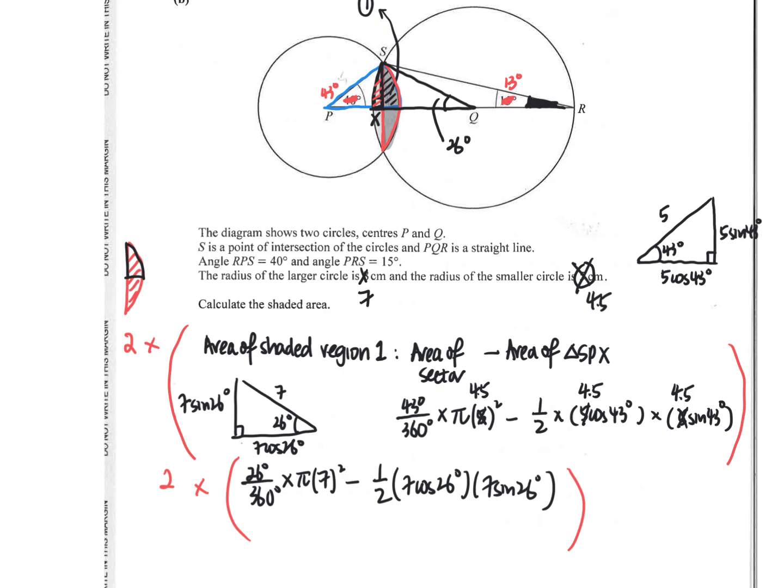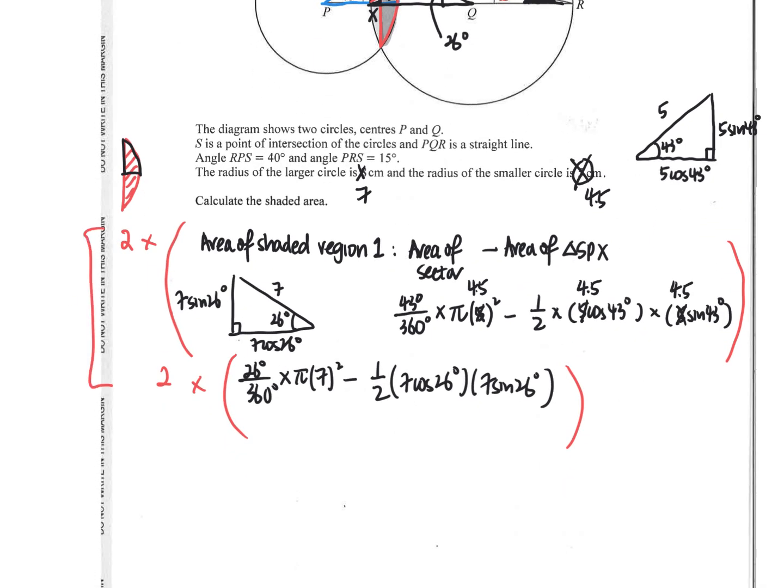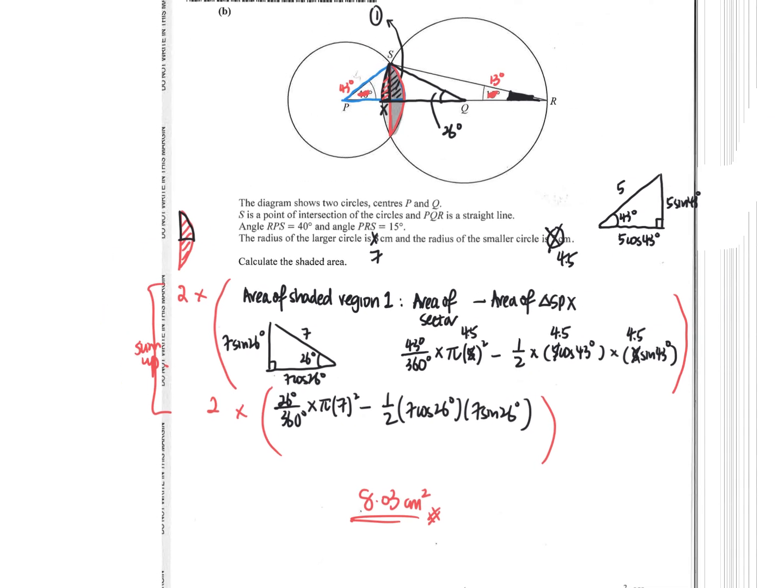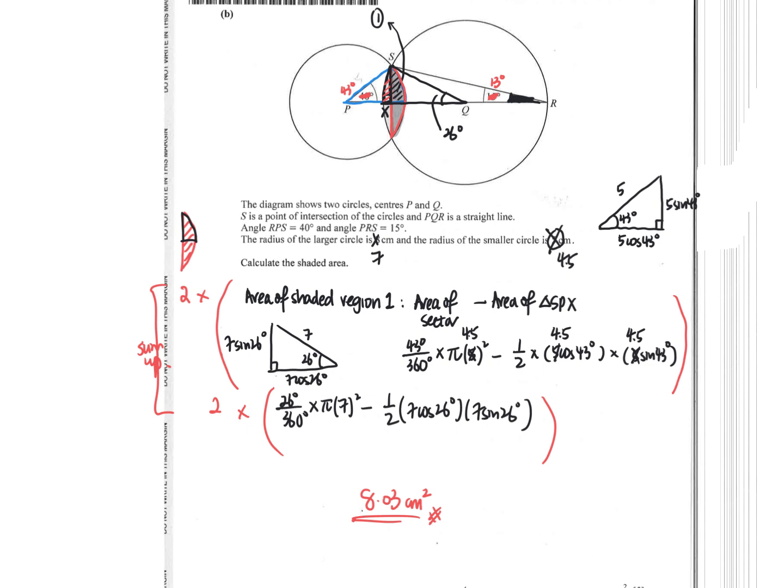So add them up. Sum up. Then you are done. Okay, final answer, you should get 8.03 cm square. Okay, a small answer, but that's it. So we finish paper 2024.